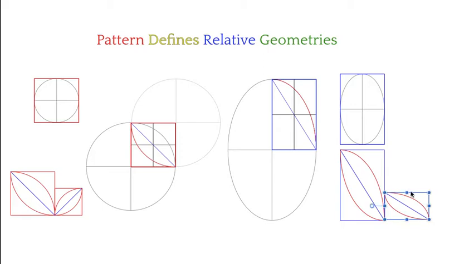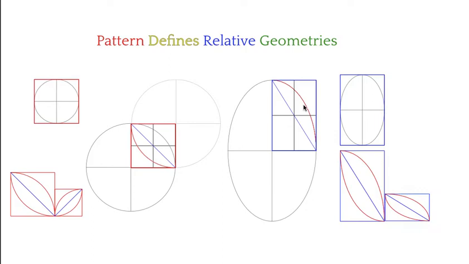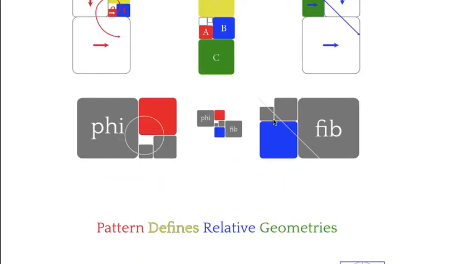Now this square is, right off the bat, fundamentally different. You can see that the whole square is rotated sideways. And we have to do that because it maintains the phi relationship as a building block. You can see that it's always a square and a rectangle.